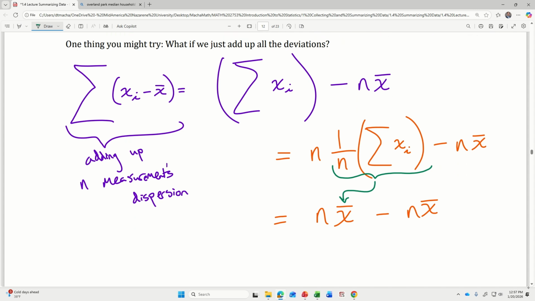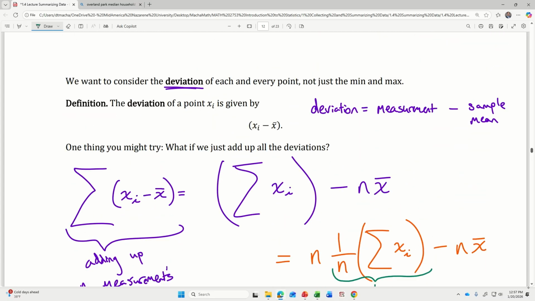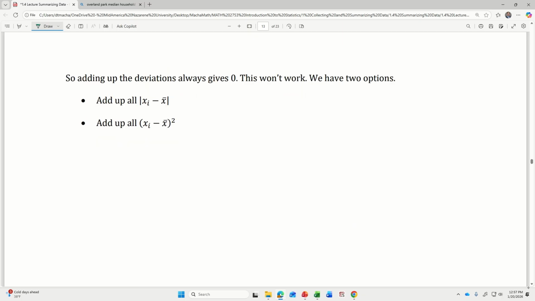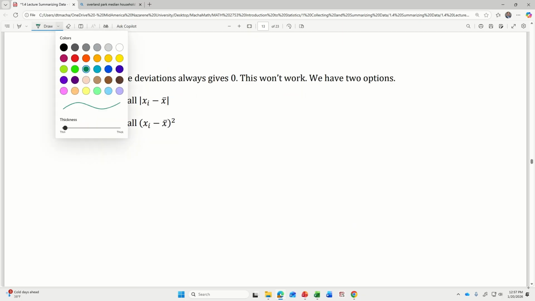So I've got n times the sample mean minus n times the sample mean. That's always going to be equal to 0. If I calculate the deviation for every measurement and then add them all up, it always gives me a 0. So that's not a very good measure of dispersion. If every data set always has a 0, that's not telling me anything at all. So adding up the deviations is not going to work. It's always going to give me a 0.